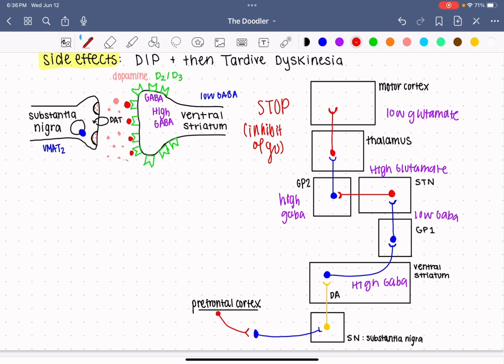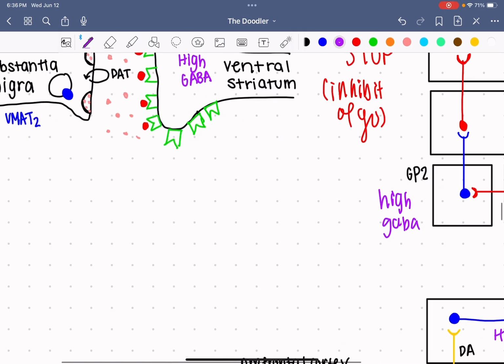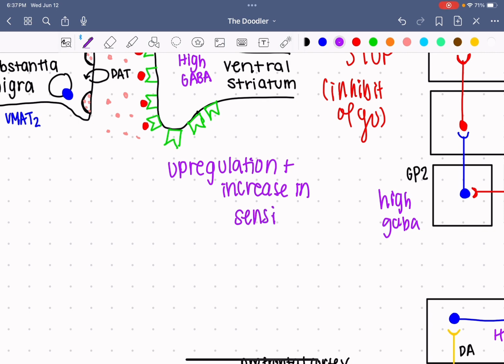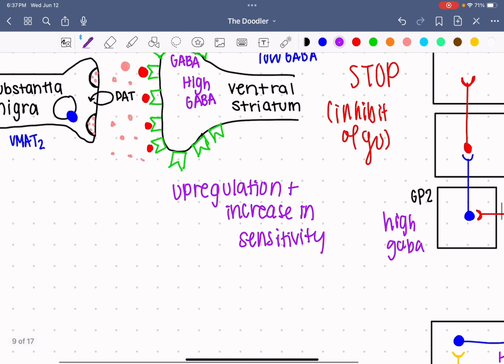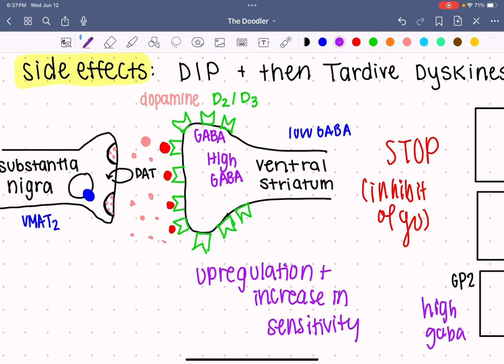As I said before, you have this adaptation, you have an increase in upregulation plus increase in sensitivity of the D2 receptors. And then any dopamine that gets out here will be able to bind here. And this is going to cause something called tardive dyskinesia, which is excessive or hyperactive movement that's uncontrolled.